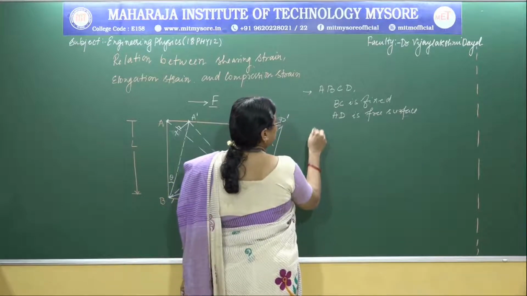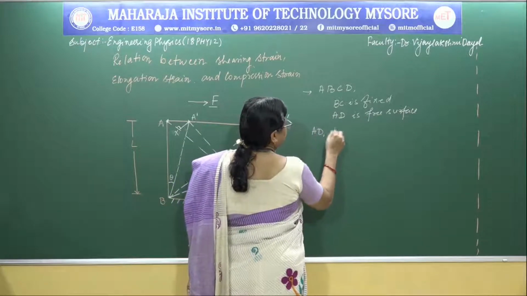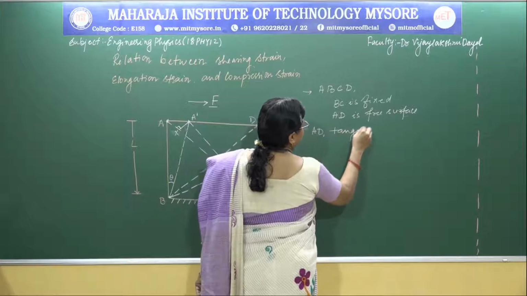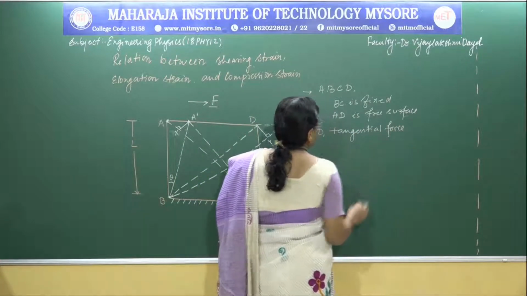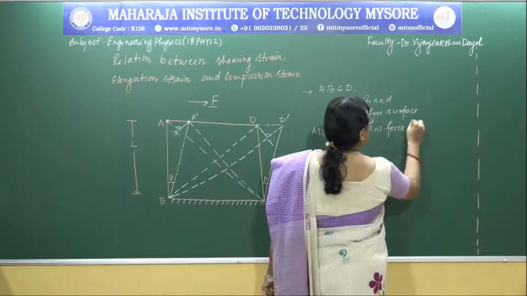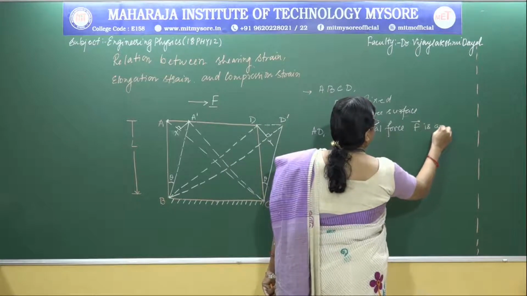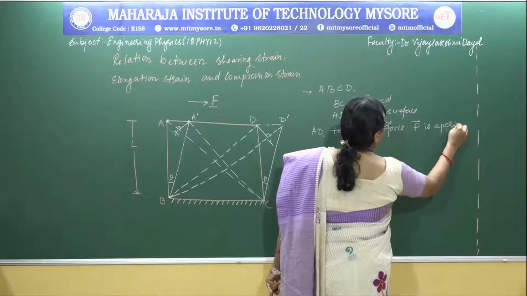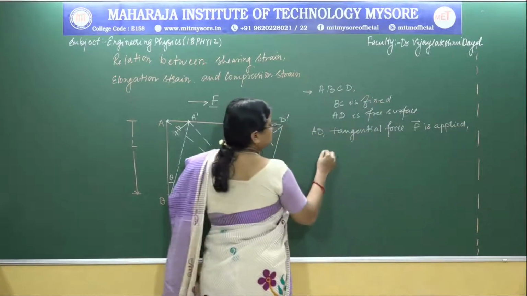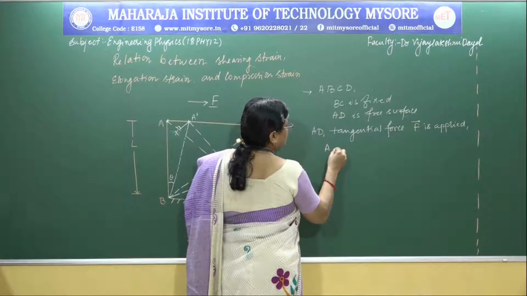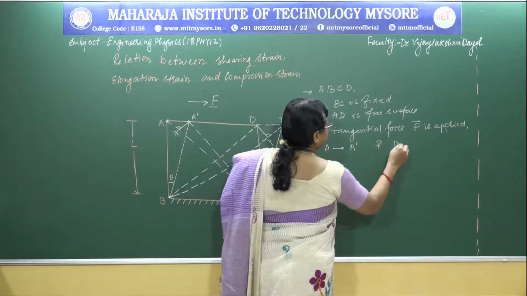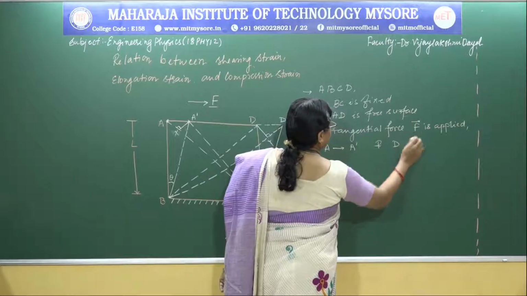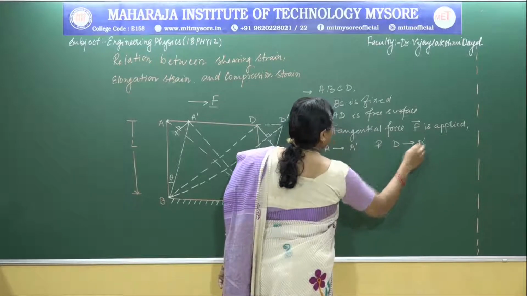Now on the surface AD, a tangential force F is applied, which changes the position of A to A dash and D to D dash.